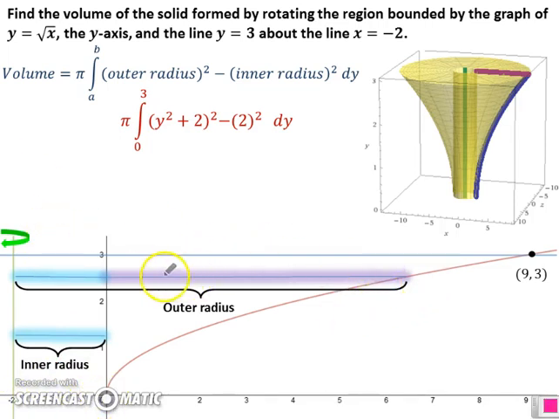So outer radius is y squared plus 2, and we're talking x equals, because it gives us this distance right here. This y squared gives me this distance, and then the plus 2 adds on that blue piece. And then the inner radius is just 2. So when we set it up, outer radius squared, y squared plus 2 squared, inner radius is going to be 2 squared.